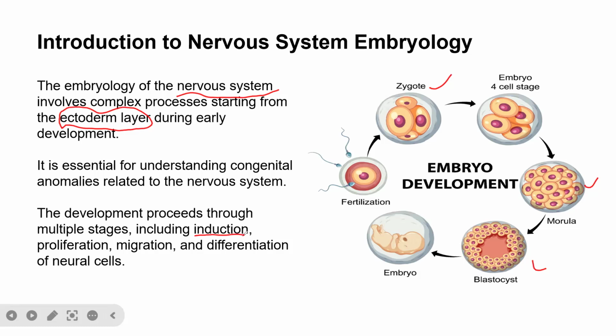The ectoderm layer has to be induced to initiate the formation of the nervous system. After induction, there is proliferation, then migration, and then differentiation of the neural cells. So we have four stages, please don't forget that: induction, proliferation, migration, and lastly, differentiation into neural cells.